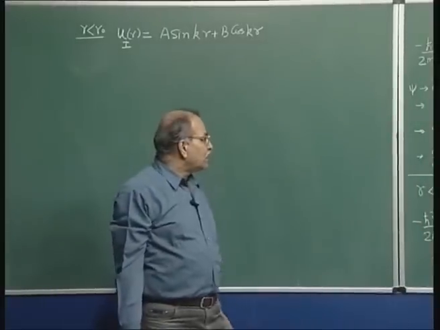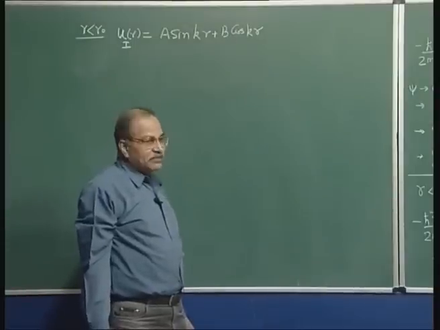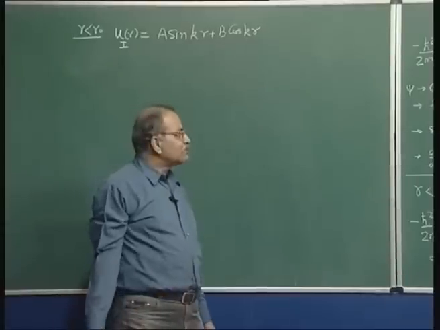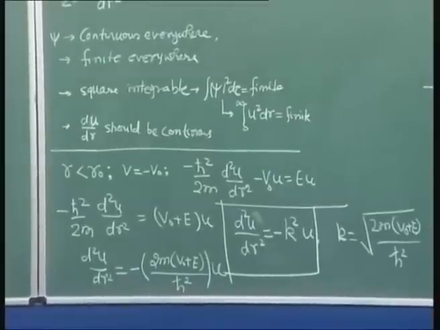Then you can apply your conditions. Psi should be continuous everywhere, that means u should be continuous everywhere, and psi should be finite everywhere. Therefore this has to be finite everywhere.